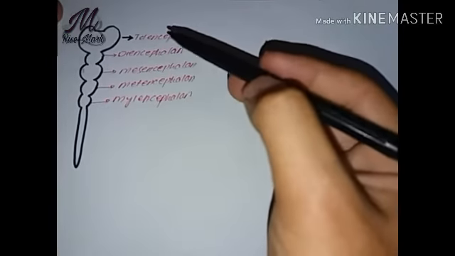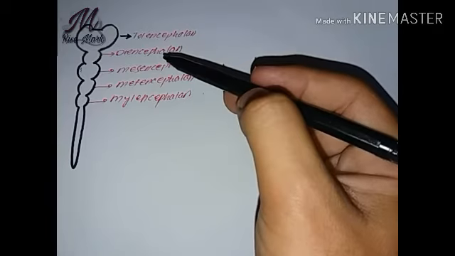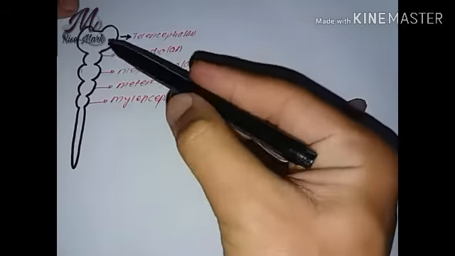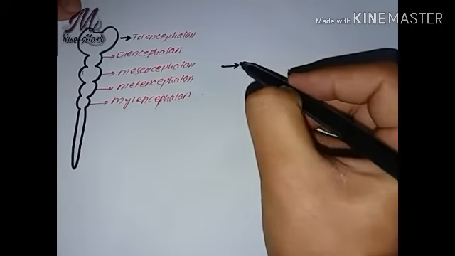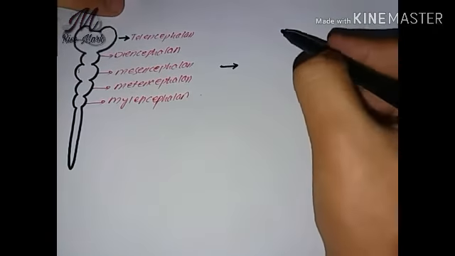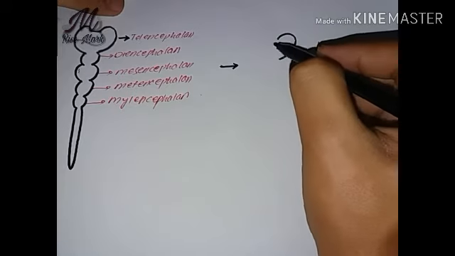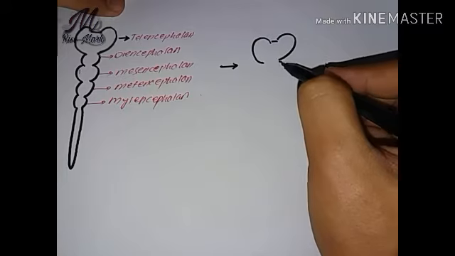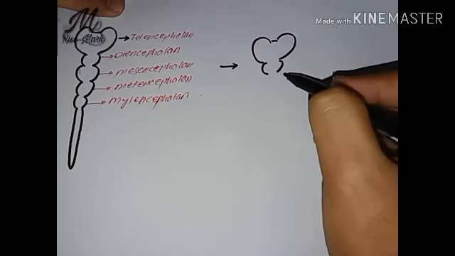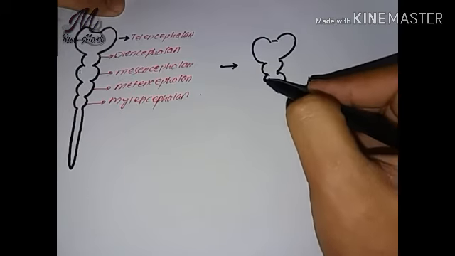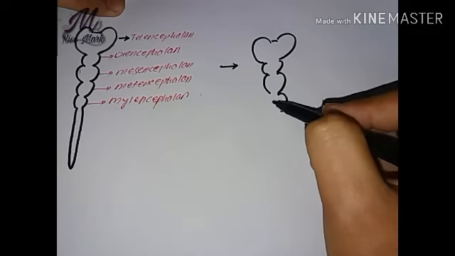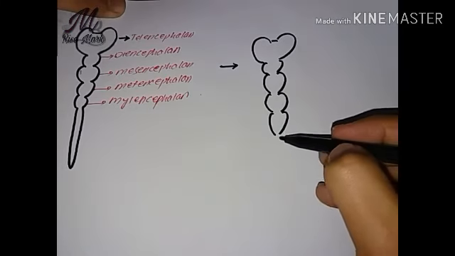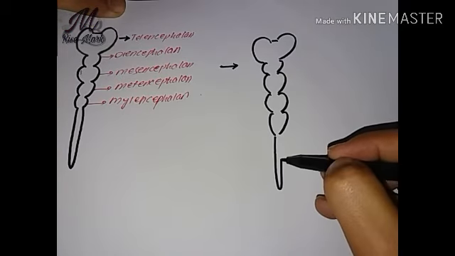Now, after the formation of the 5 secondary vesicles, that is telencephalon, diencephalon, mesencephalon, metencephalon, and myelencephalon, this is the anterior view. If we draw the structure of the brain posteriorly, you will see something like this. This is the telencephalon, this is the diencephalon, mesencephalon, metencephalon, and of course myelencephalon, and then the spinal cord.